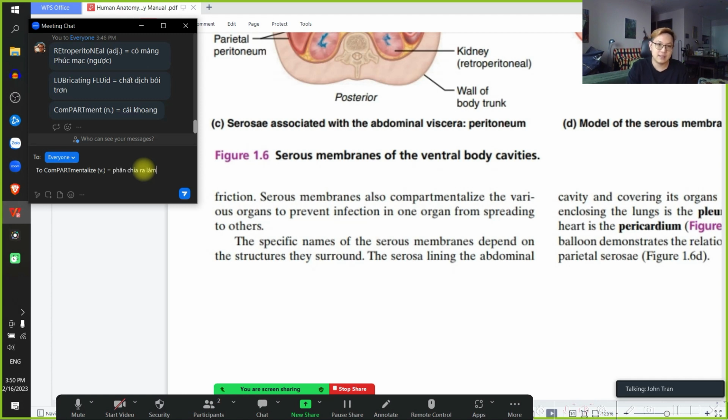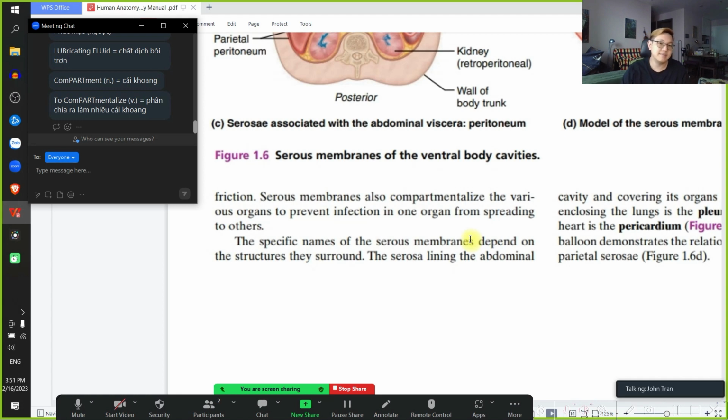Phân chia ra làm nhiều cái khoang. Okay. Serous membrane also compartmentalize the various organs to prevent infection in one organ from spreading to another. This is the main reason we need serous membrane, okay?